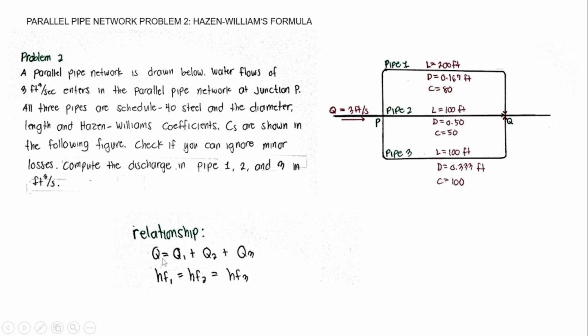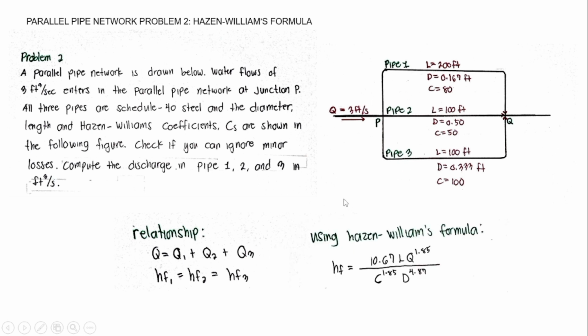The total discharge is equal to Q1 plus Q2 plus Q3, and the head loss in pipe 1, 2, and 3 are equal. Using the Hazen-Williams formula, which is equal to 10.67 L Q raised to 1.85 all over C raised to 1.85 times D raised to 4.87.